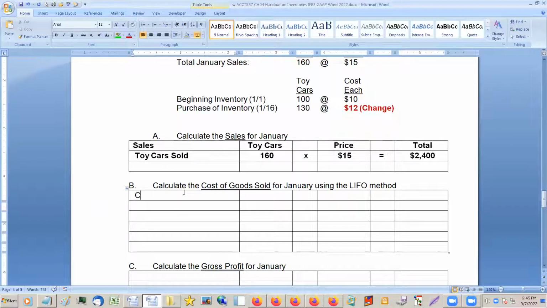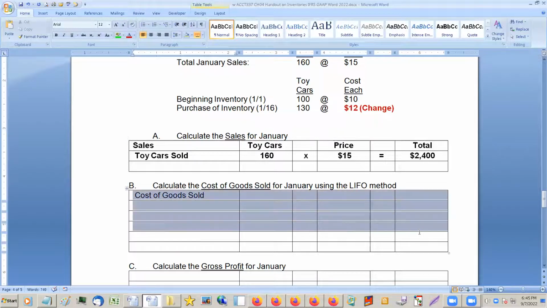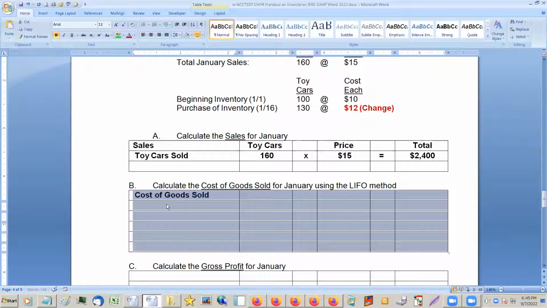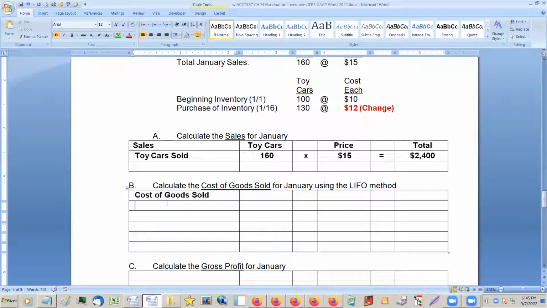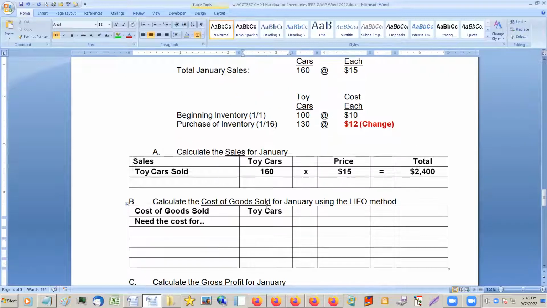Cost of goods sold, and the goods are the cars. So we need the cost for 160.